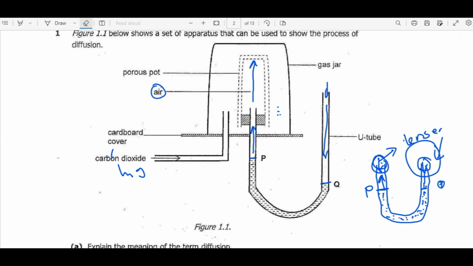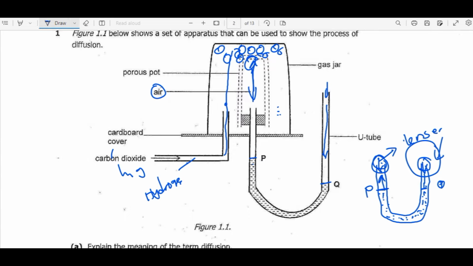Now if you look at hydrogen, hydrogen is considered to be the lightest gas. So whenever this hydrogen is introduced here, the hydrogen will go up because the air is denser than hydrogen. So the hydrogen that we are introducing in this gas jar will force the air that we have in the porous pot to push down. So whenever this one is pushed, then the opposite happens.